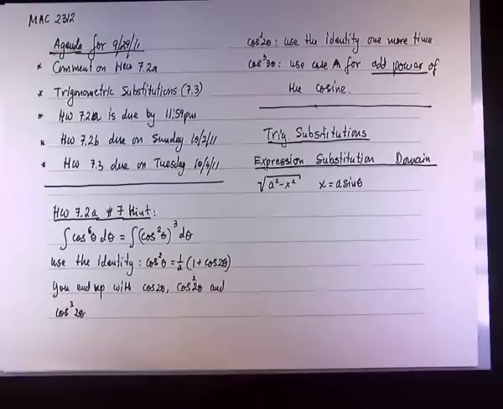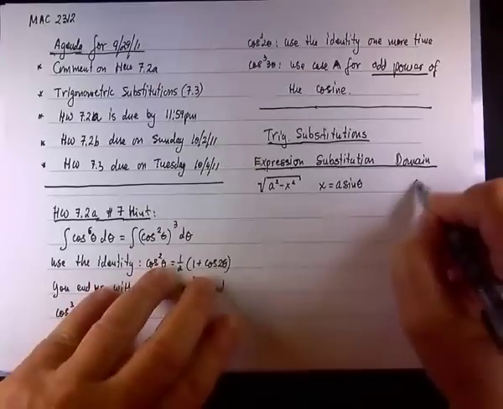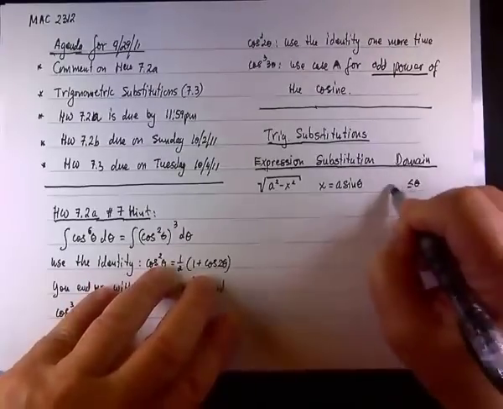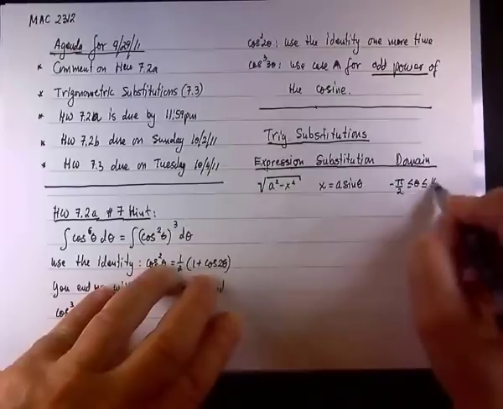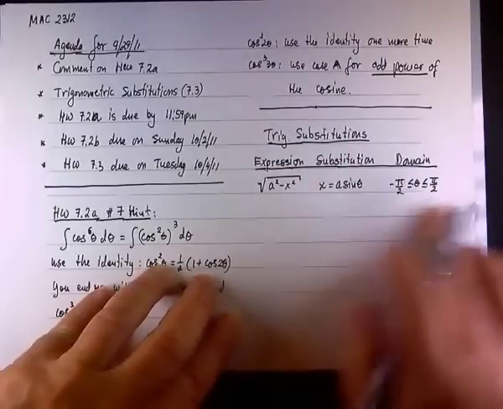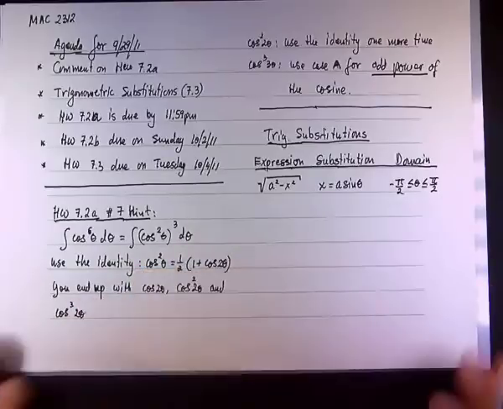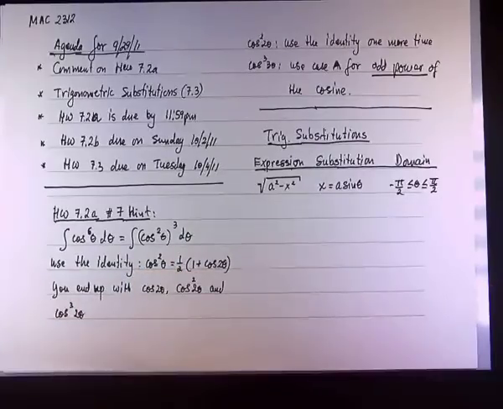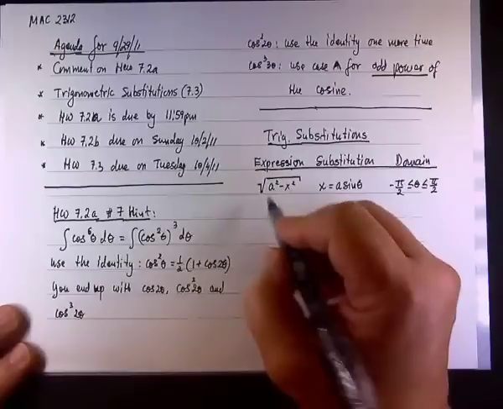So in order to overcome that and make it invertible, we confine the domain: if you restrict the domain to go from negative pi over 2 to positive pi over 2, over this interval the sine is invertible. It passes the horizontal line test. So the domain of theta will be greater than or equal to negative pi over 2 and less than or equal to positive pi over 2. We can accept negative pi over 2 and positive pi over 2, but we cannot go beyond this.